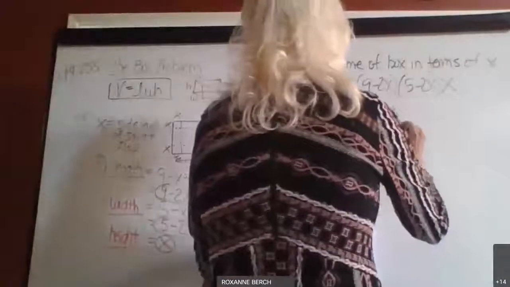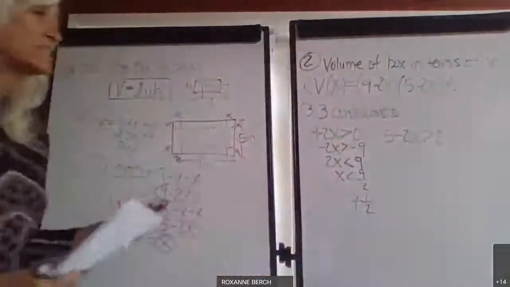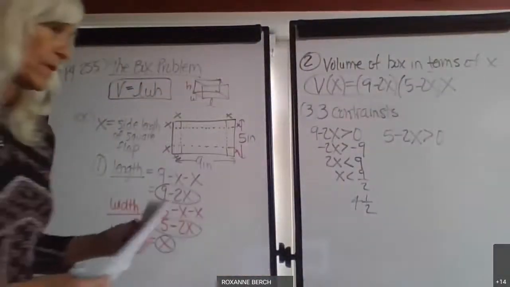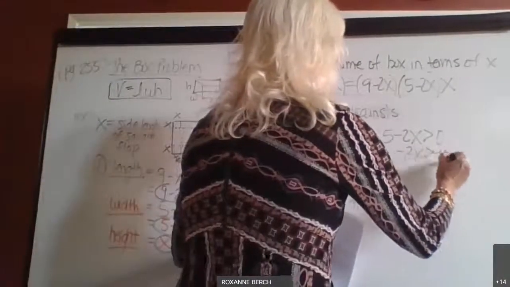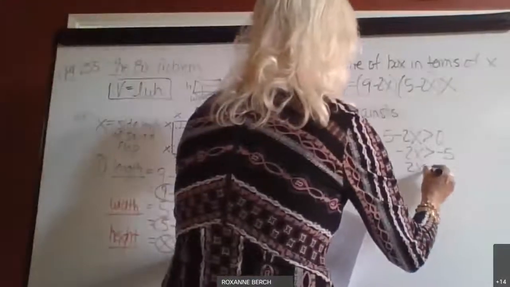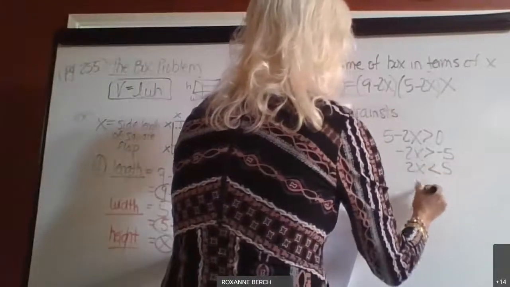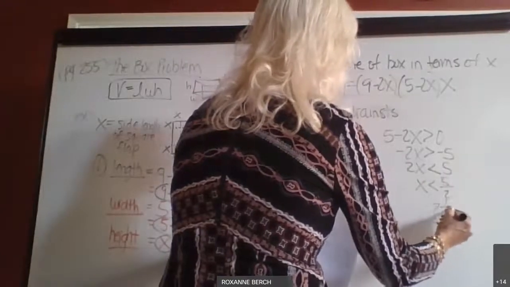The next constraint is the width being greater than 0. So the width has to be positive also. So when you subtract 5, multiply by a negative, flip the symbol, x has to be less than 5/2, which is about 2.5.